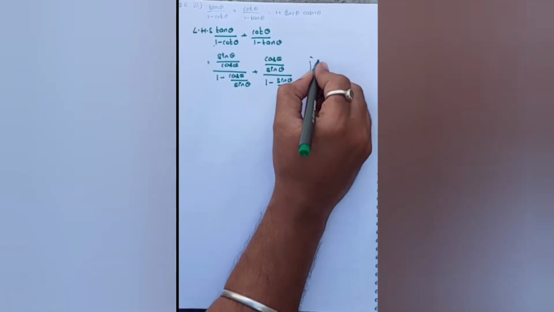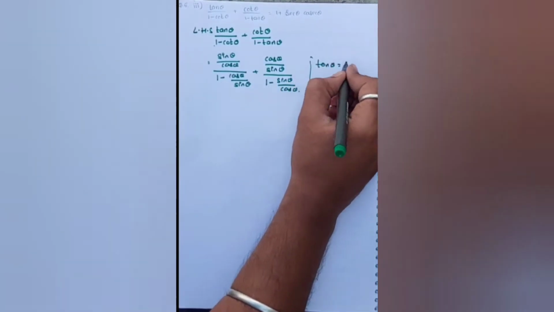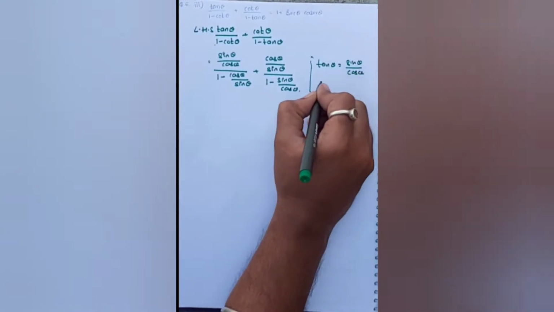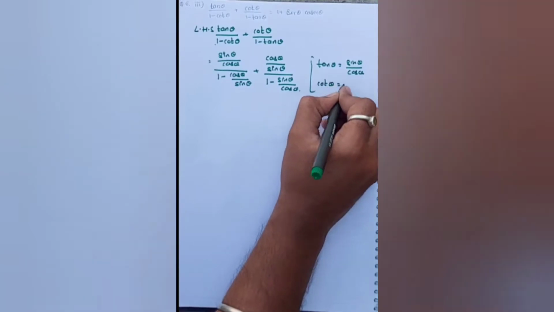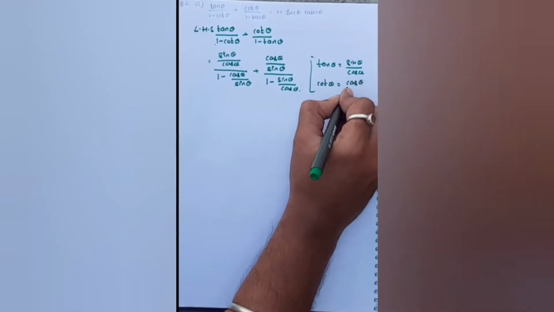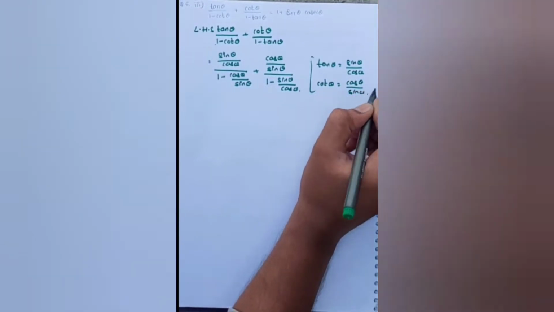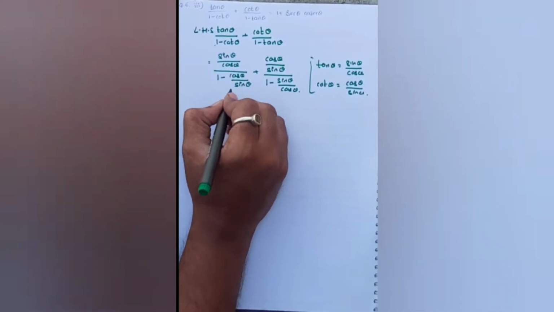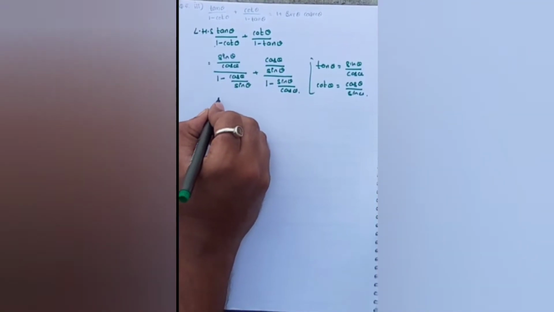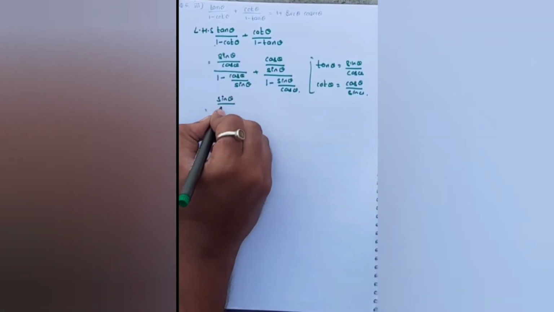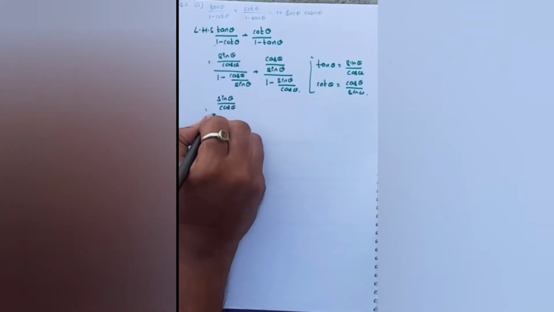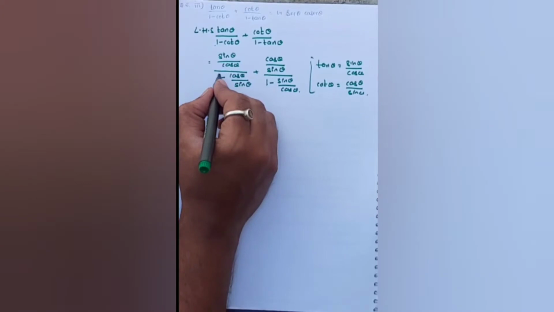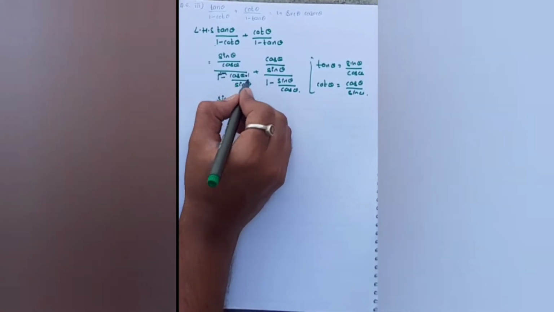Write down here the reason: tan theta is equal to sin theta divided by cos theta, and cot theta is equal to cos theta divided by sin theta. So now in the denominator take LCM. So first write down sin theta divided by cos theta as it is, and this divided by, here the LCM is sin theta, so here multiply by sin theta and here multiply by 1.